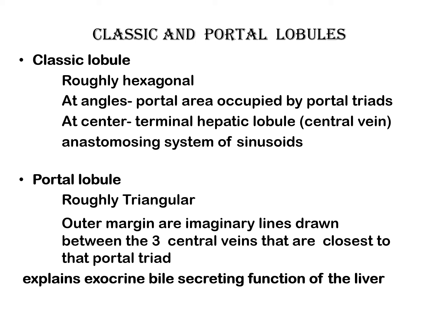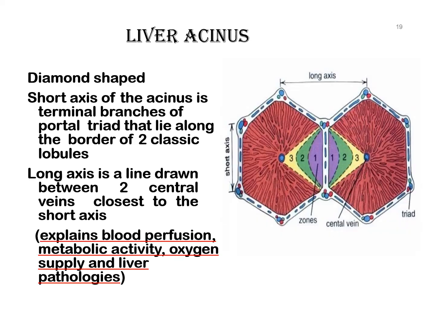The portal lobule explains the exocrine bile-secreting functions of the liver. The portal lobule highlights the bile-synthetic functional unit of the liver, as all the bile synthesized by the hepatocytes within the portal lobule drains to a common bile duct tube.